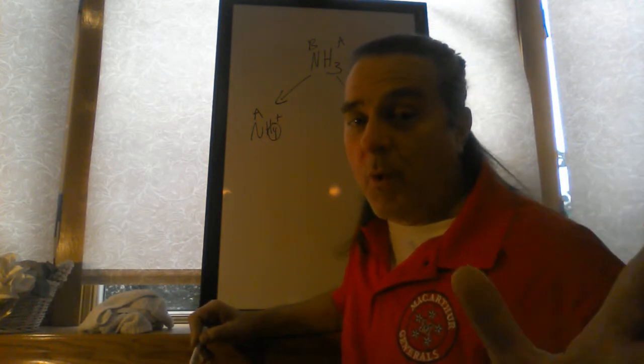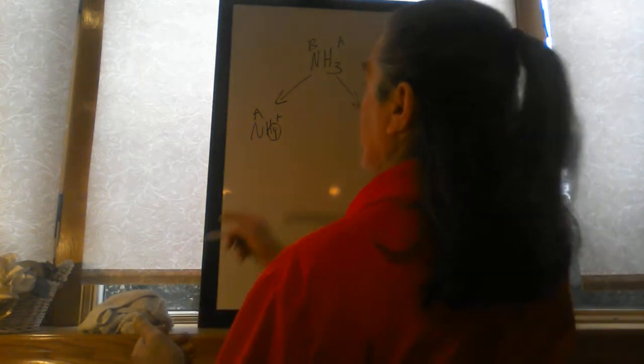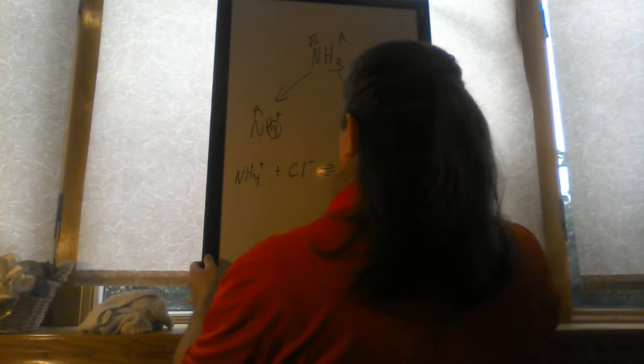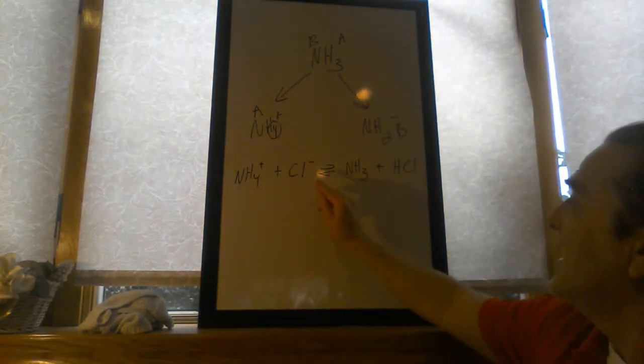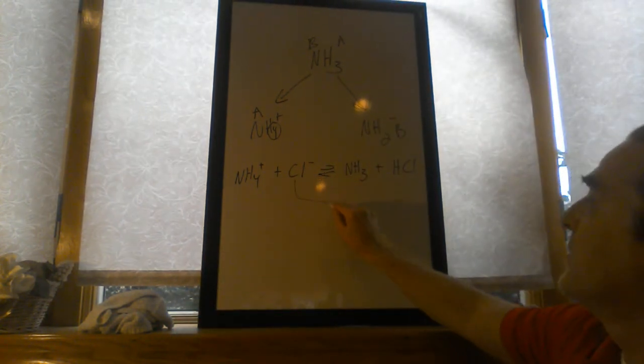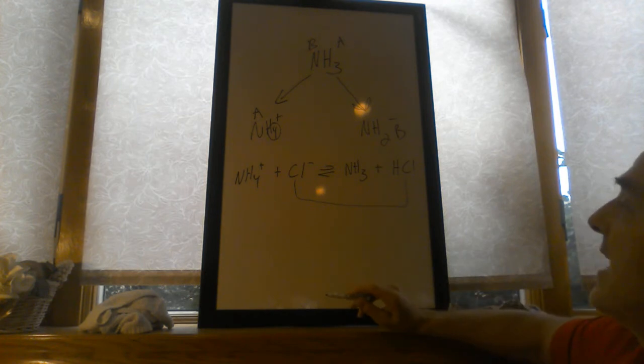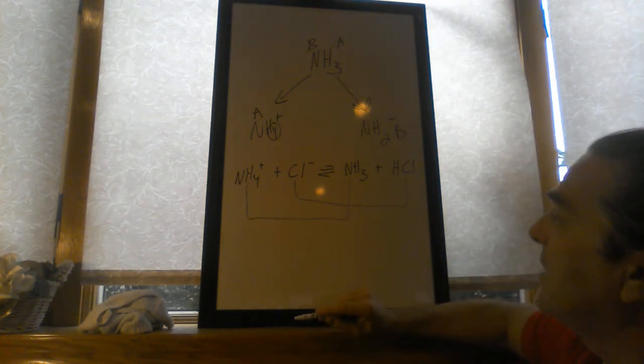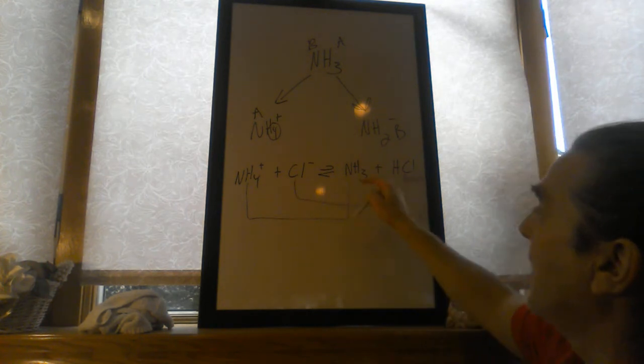So if I can just do one more equation, I'm going to use the NH4. NH4 positive plus Cl negative in equilibrium with NH3 plus HCl. Okay. Cl and HCl. The only difference between Cl and HCl is an H. The only difference between NH4 and NH3 is an H. So NH4 is bigger than NH3.